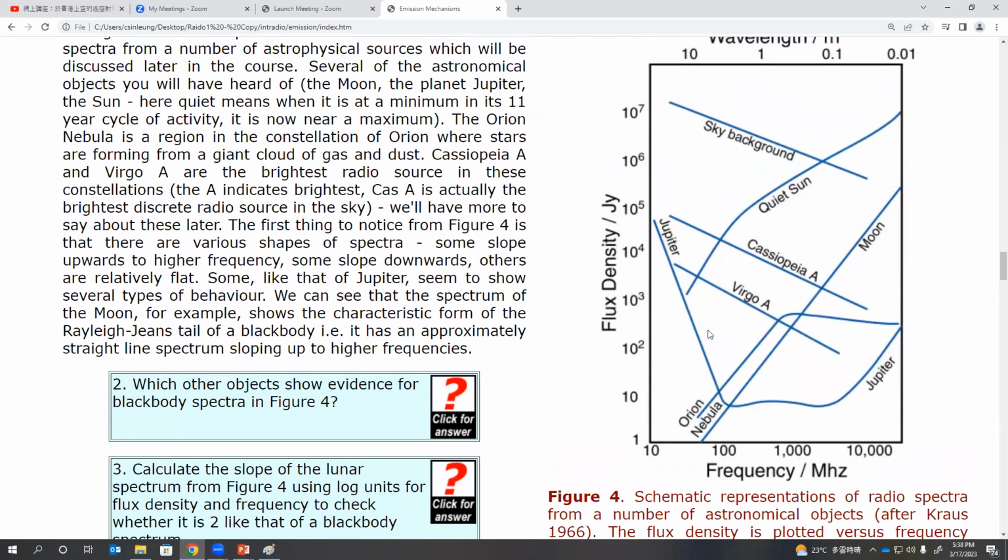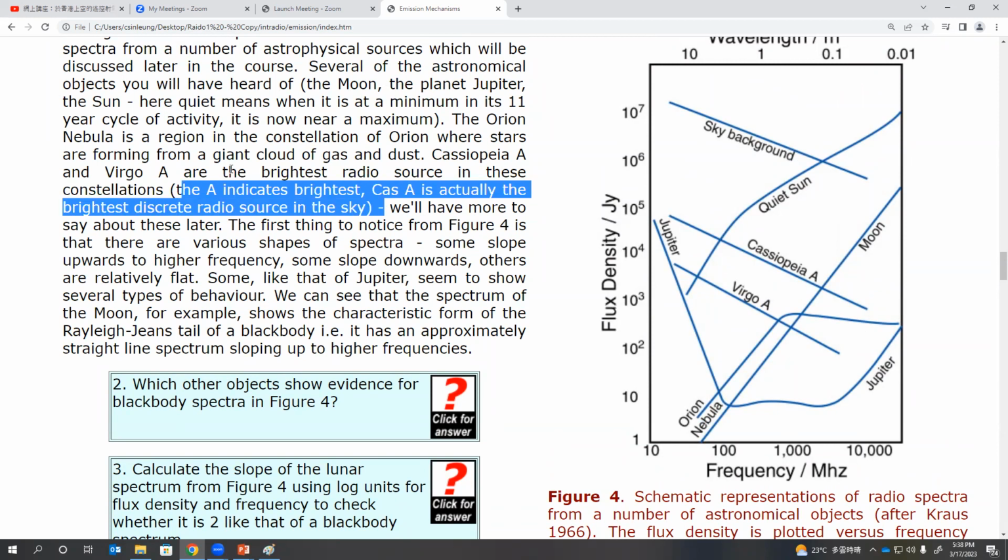However, you may say, okay, I know thermal. How about the sky background and Cassiopeia A and Virgo A? And capital letter A, may I remind all of you, indicates the brightest discrete radio source. So capital letter A corresponds to the strongest radio source on the sky. Virgo A is very famous, and corresponds to M87.